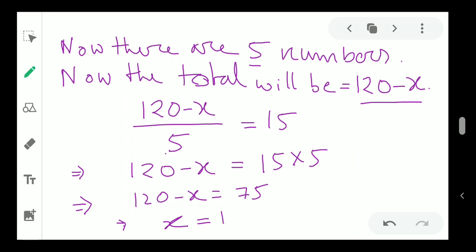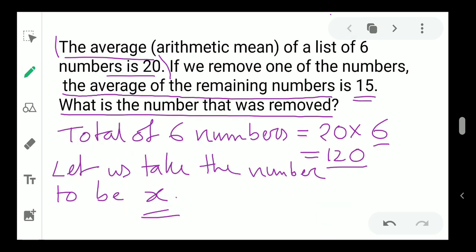So x will be 120 minus 75. What is the result? The result will be 45. So what was the number that I have removed? The number was 45. Okay, so this is the way you have to go, slowly.